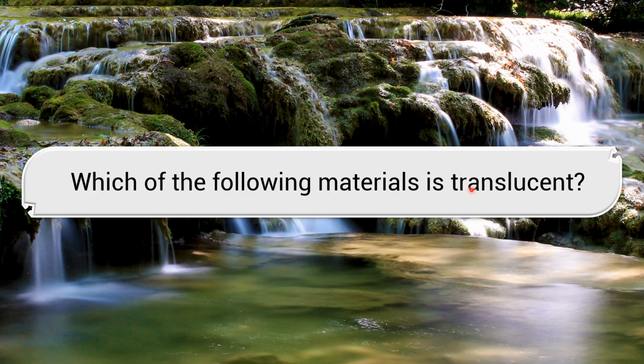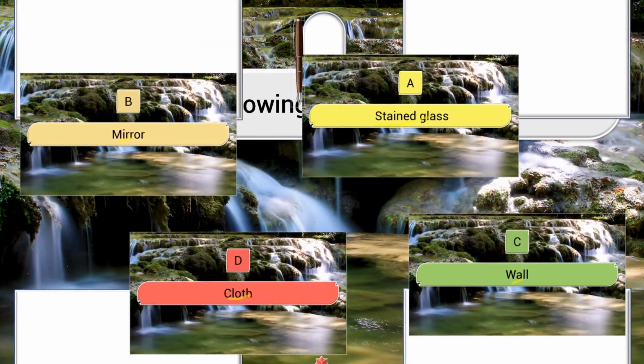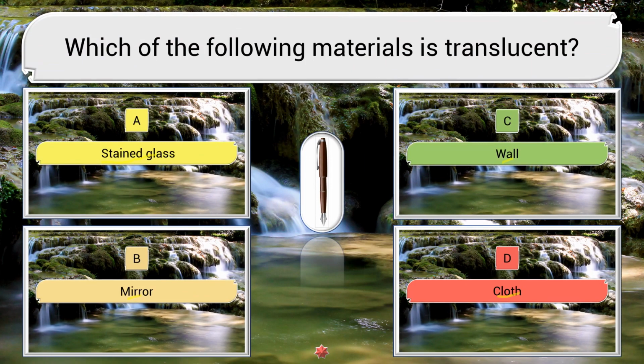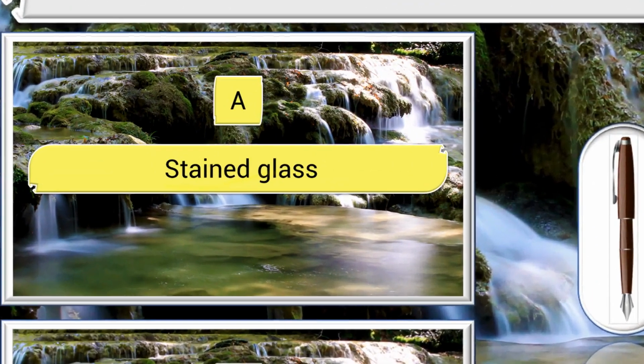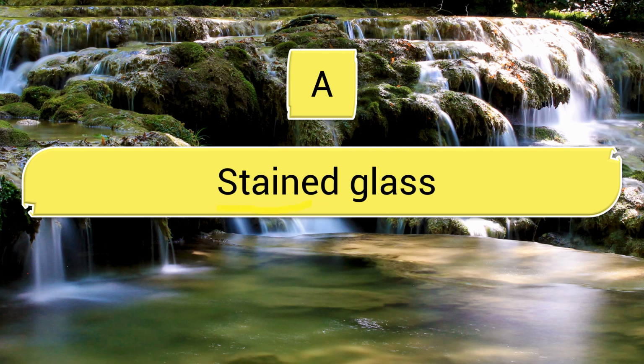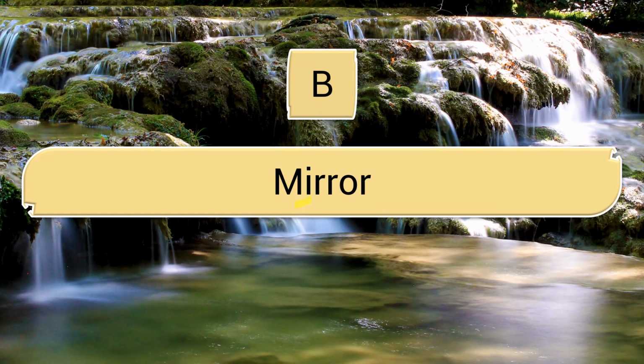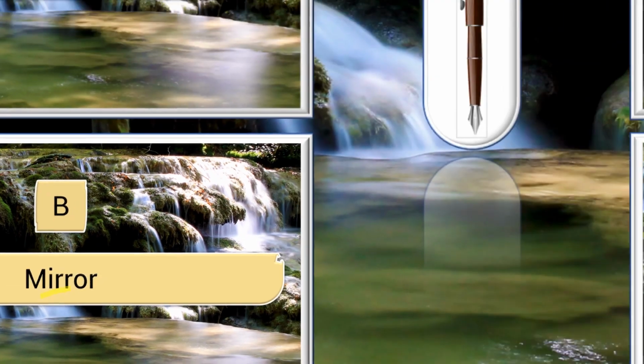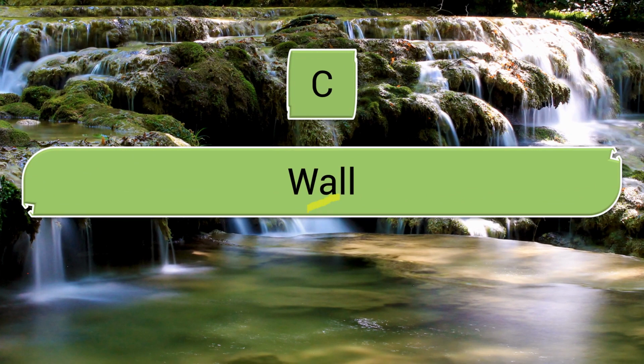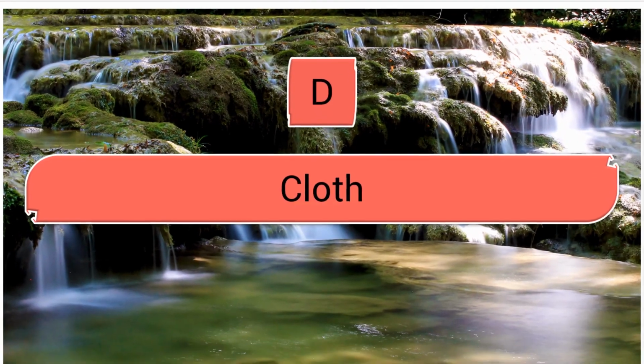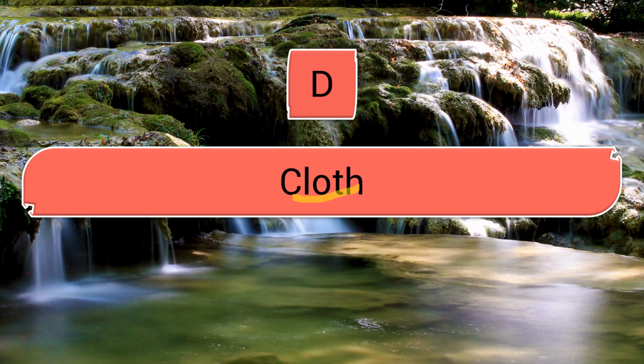Which of the following material is transparent? Is it stained glass, Miller, wall, or cloth?